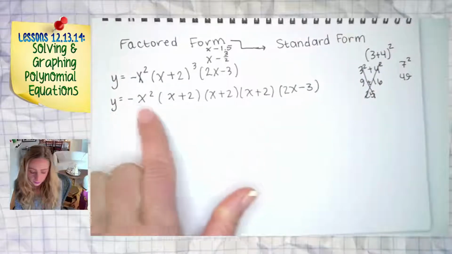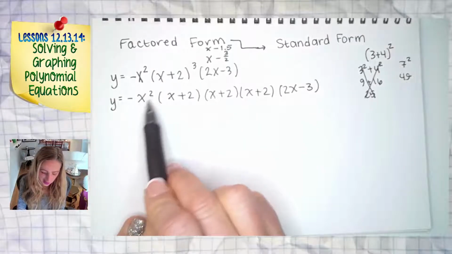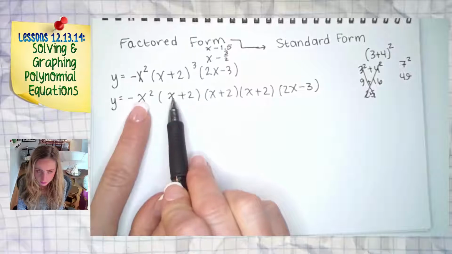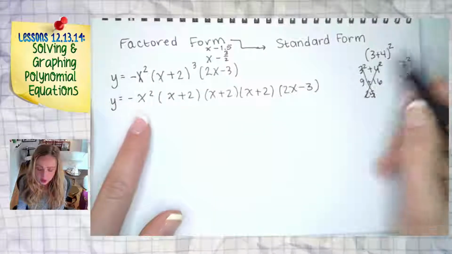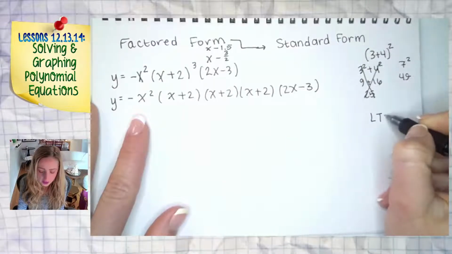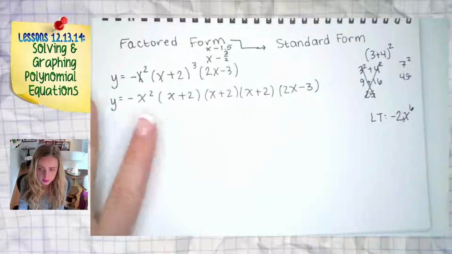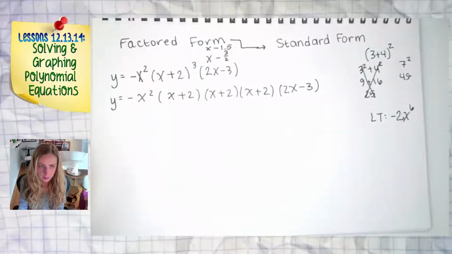Now, FOIL, expand, we need to strategize, plan ahead, right? If we're looking at negative x to the 2, that'll be x to the 3, to the 4, to the 5, to the 6. So my leading term when I'm done should be, I believe, negative 2x to the 6. If I get that as my leading term, I know I'm in good shape.